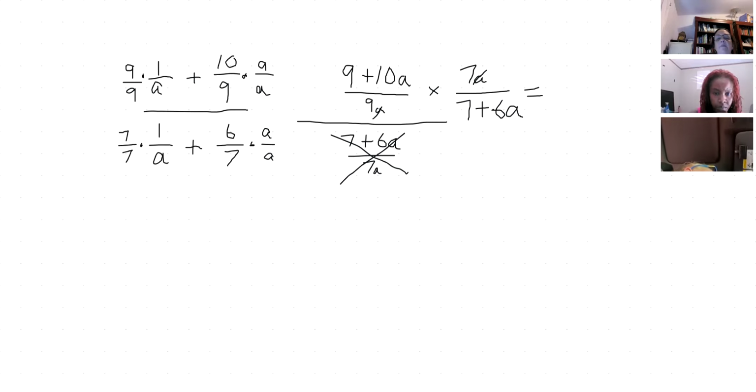So 7 times 9 is 63 plus 7 times 10a, which is 70a. And in the denominator, I have to distribute this 9 throughout the 7 plus 6a. So 9 times 7 is 63, and 9 times 6a will be 54a.